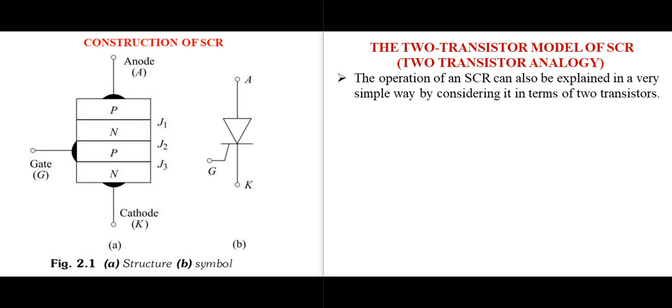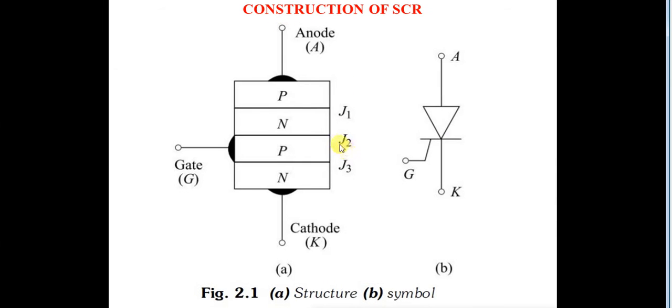two transistors. If we look at this construction diagram of SCR, it has four layers, PNPN. It has three junctions, J1, J2 and J3. Now we will try to divide this constructional diagram of SCR in terms of two transistors.